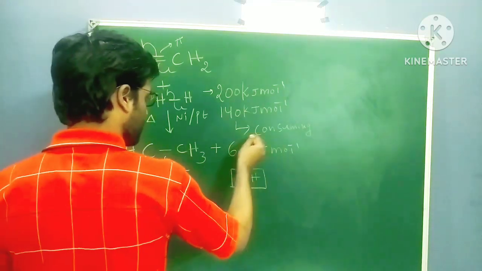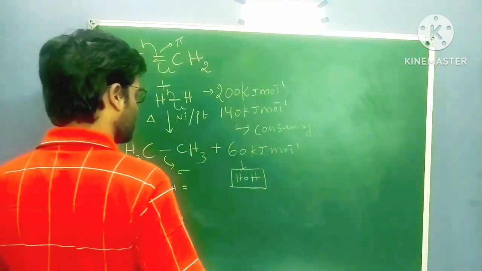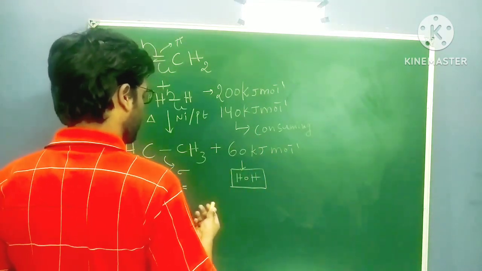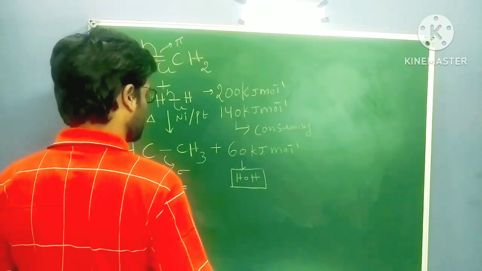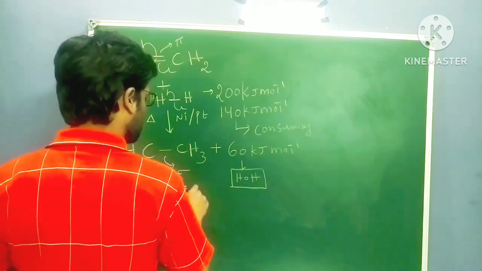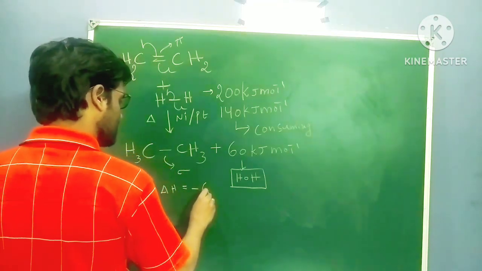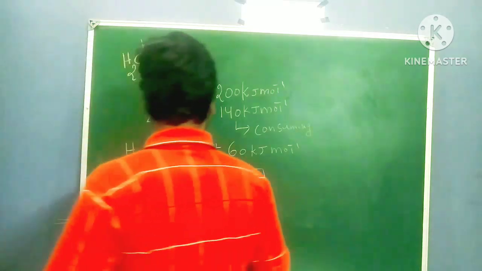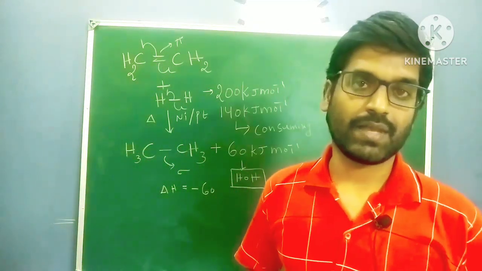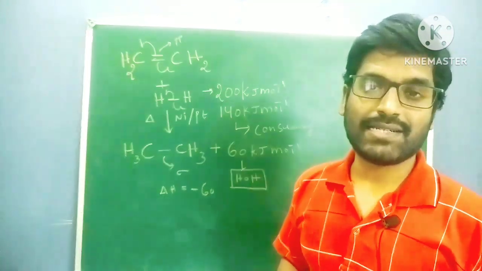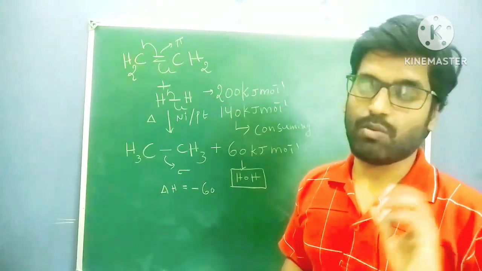Energy is releasing, so it is exothermic. Whenever the reaction is exothermic, we have to indicate a minus sign. So the enthalpy of the reaction here is minus 60 kilojoule per mole.